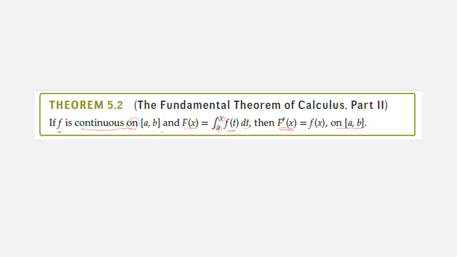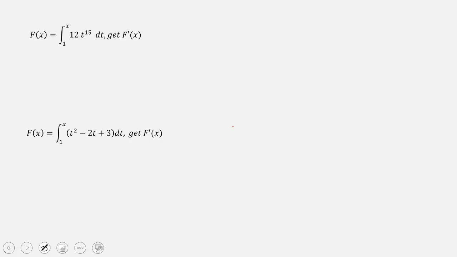So if we want to get F dash of this integral, we just write the function inside the integral with respect to x, and a can be any constant. Let's try this in these two examples. We have F of x equal to the integral from 1 to x of 12t raised to 5 dt, find F dash of x.